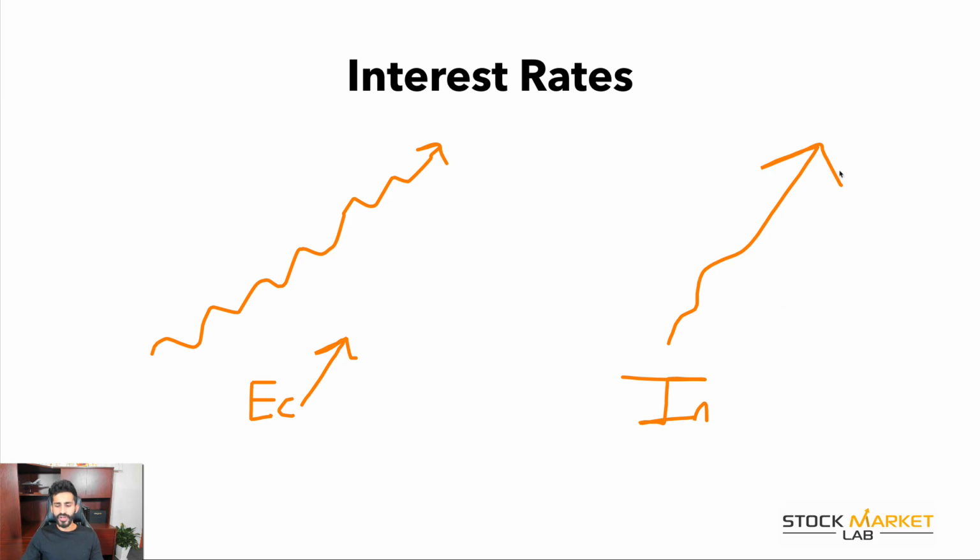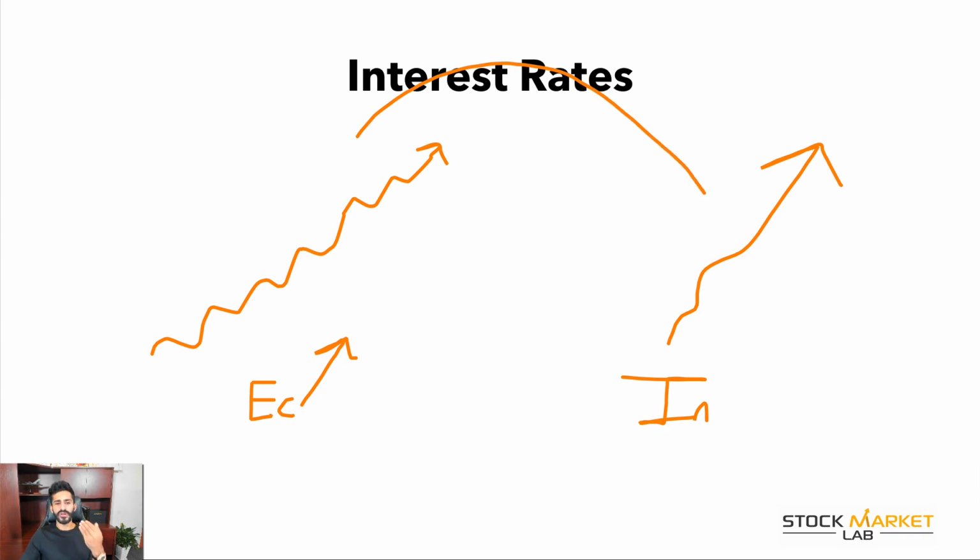Now, when inflation goes up very fast and the economy goes up very fast, what the Federal Reserve should do is slow the growth of the economy. They would need to slow this down, because if it keeps growing at this pace, there's probably going to be a huge fall, a big recession, whatever the case is, and it's obviously going to affect inflation.